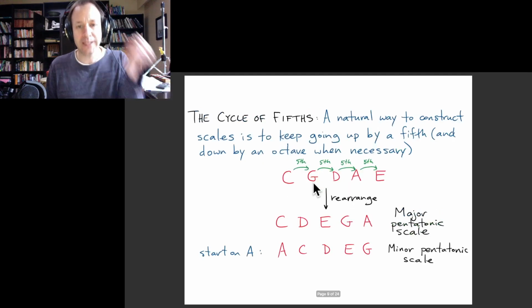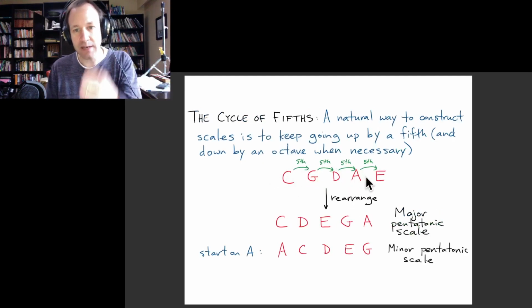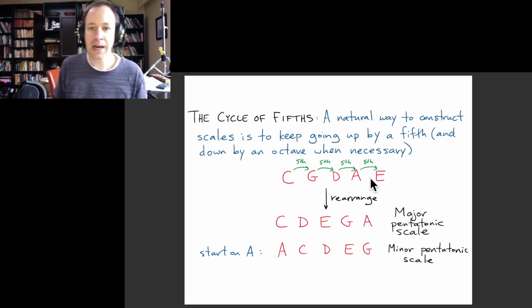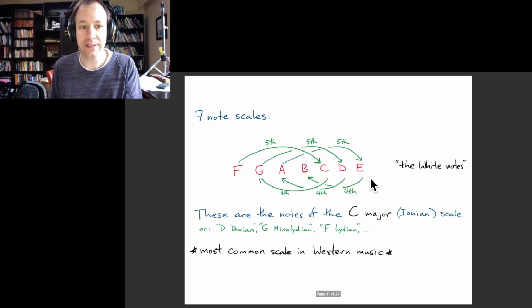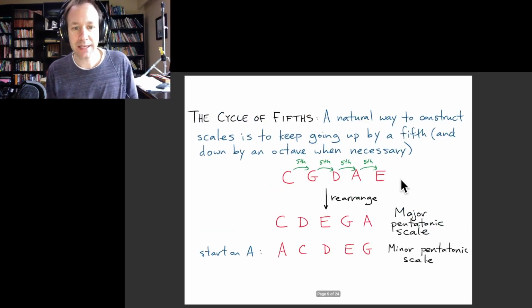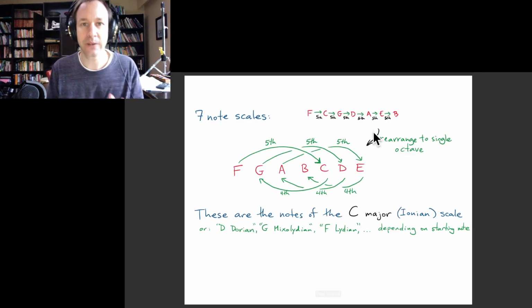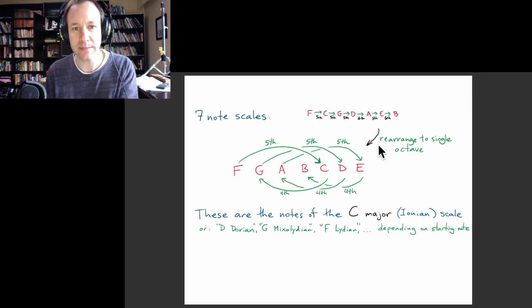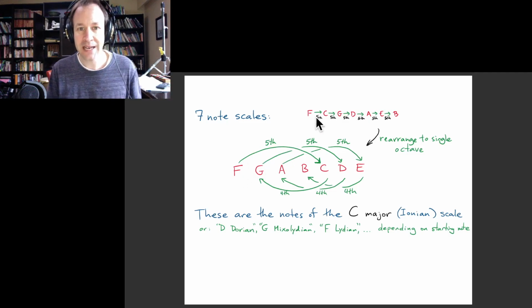If we continue this procedure, instead of stopping at E, we could go up another fifth and another fifth. If you add 2 more notes to your scale that way, it turns out that the set of notes you end up with is exactly the set of notes that we had in the major scale. So if you want to get C major, you start on F, and then you go up a fifth and a fifth and a fifth and a fifth and a fifth.